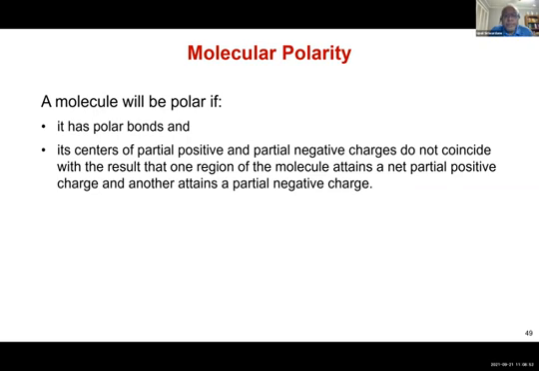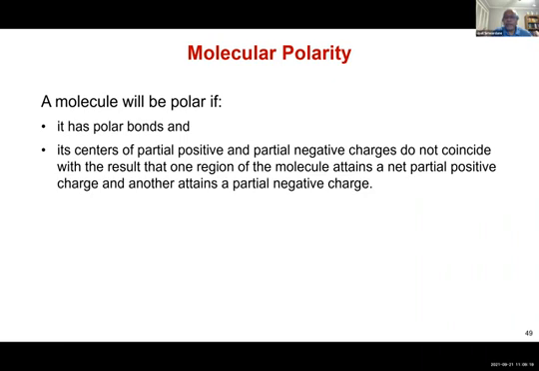Centers of partial positive and negative charges do not coincide, with the result that one region attains a net partial positive charge and another attains a net partial negative charge. When you add up polar covalent bonds in space, if they add up to a total polarity, then the molecule is polar.